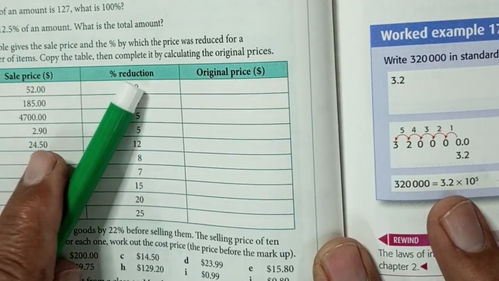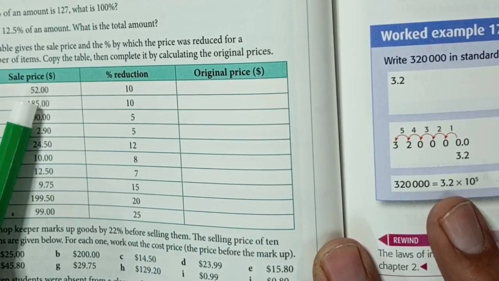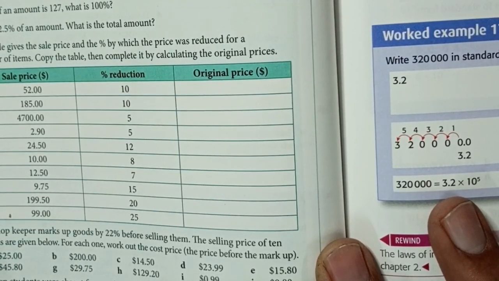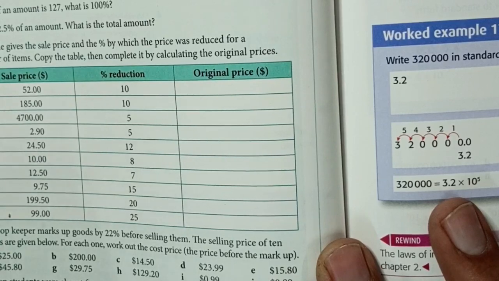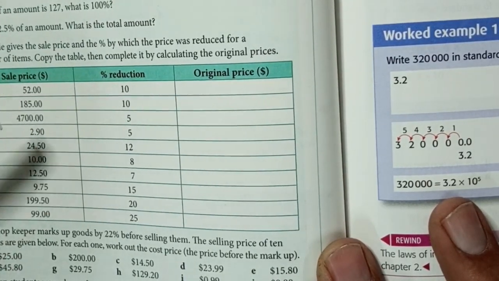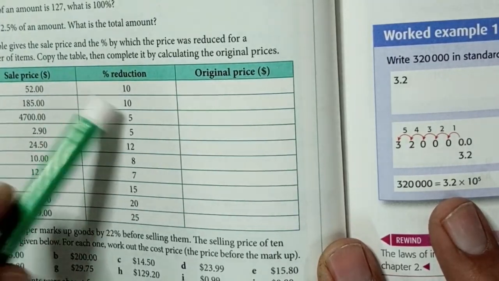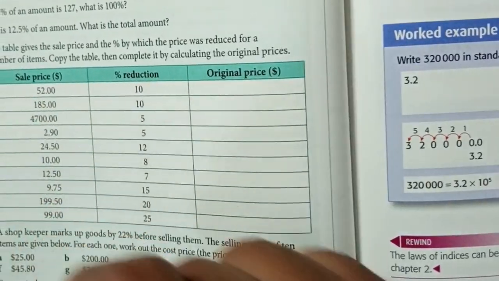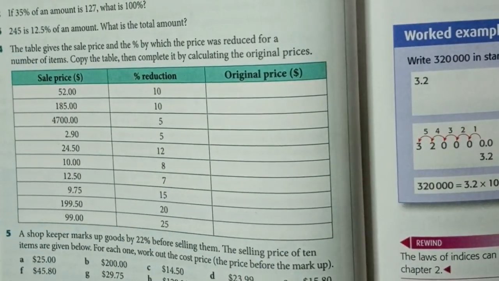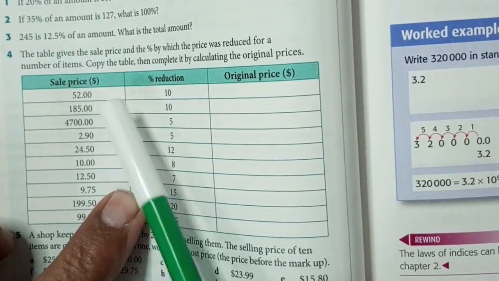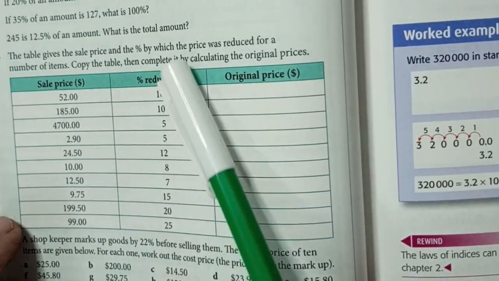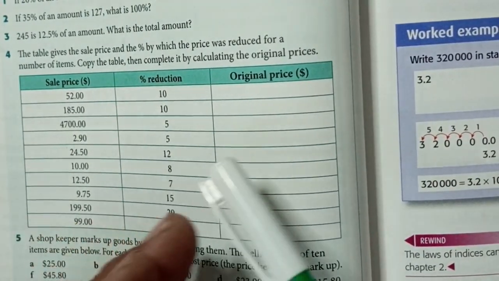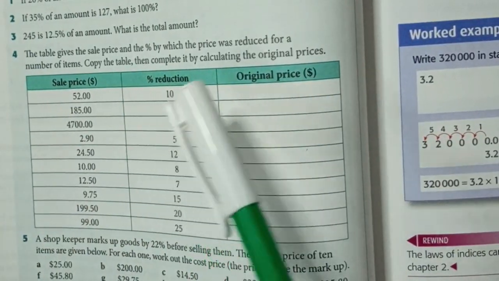It is very easy. Now it has reduced by 10%. Sale price is 52. It is just as the example which we did early today. So these are the sale prices. You will do the table by yourself. For the first sale price, $52, because it is given in dollars, and the percentage reduction, we have to find the price before the sale.